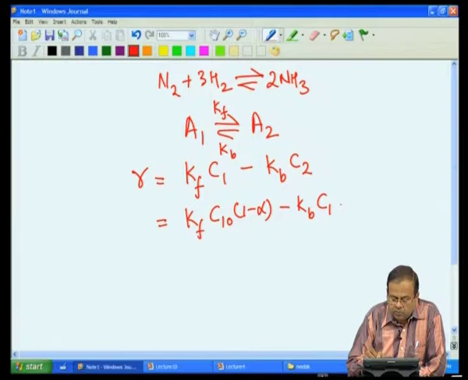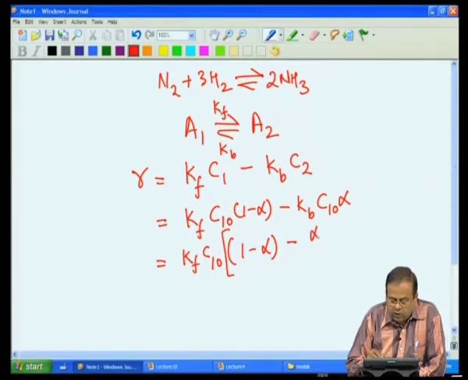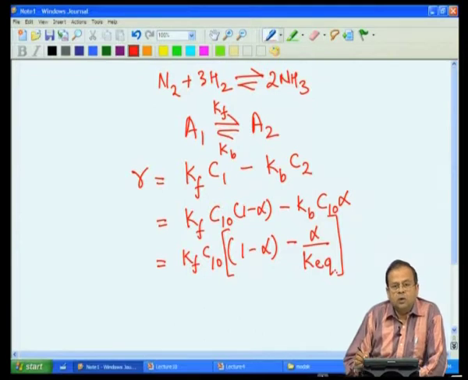So, this will be simply C10 into alpha, or in other words, we will have reaction rate, which is, if I take Kf and C10 out, will be 1 minus alpha minus alpha by K equilibrium, because K equilibrium is nothing but the ratio of Kf by Kb.